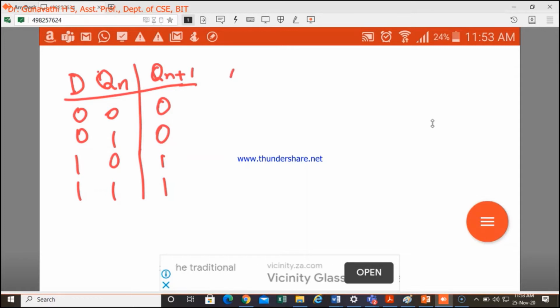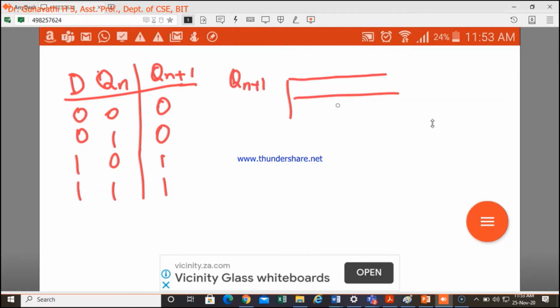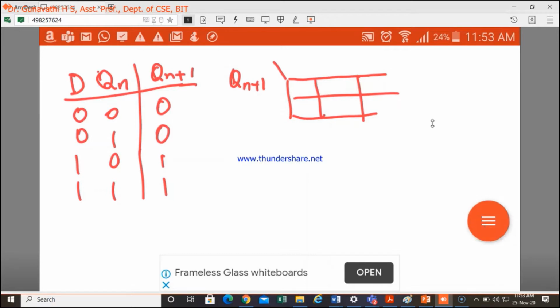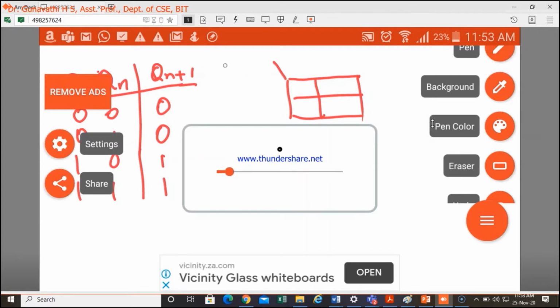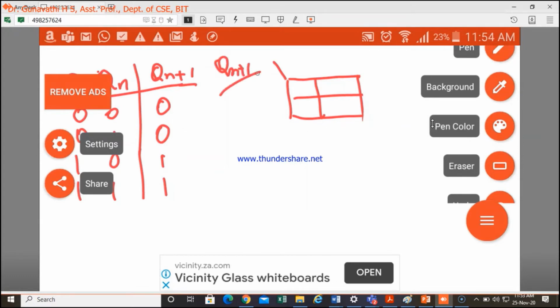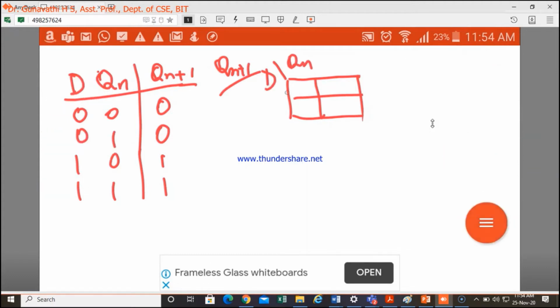I need to compute the characteristic equation for it. So just write down the characteristic equation. It is just a 2 variable K-map. Here it is the expression for Qn plus 1. Here it is D, here it is Qn. So 0 1 0 1.